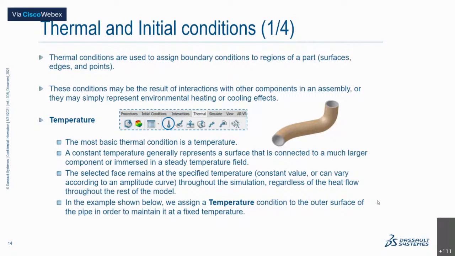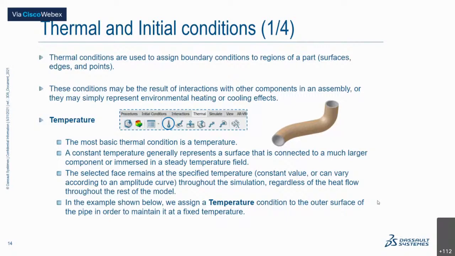And one more thing we can do is select the phase or the component on which this temperature value is assigned. It could either be a constant value, so you can give maybe 100 degrees Celsius or anything like that, or you can give an input of an amplitude curve, which could vary with respect to time. So the user has that option.